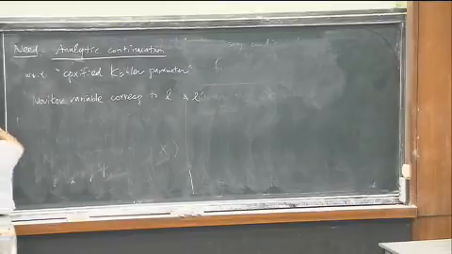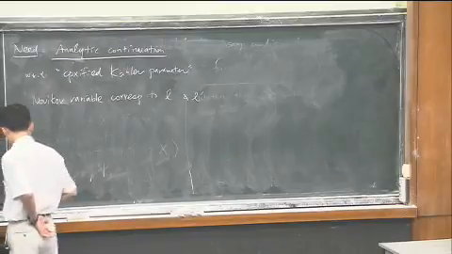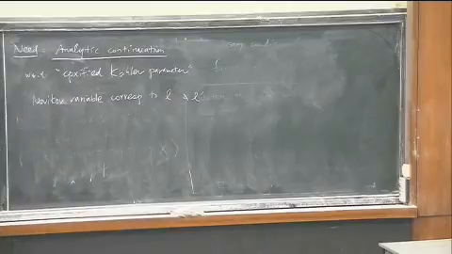Of course, L goes to negative L prime, so it doesn't really make sense. But what I mean by this is that, in Hiroshi's notation, those will be this equivalence relation. Namely, it will be the same after analytic continuation.